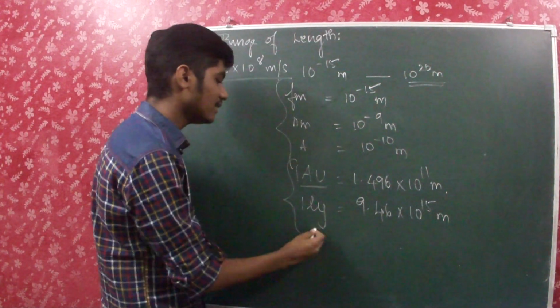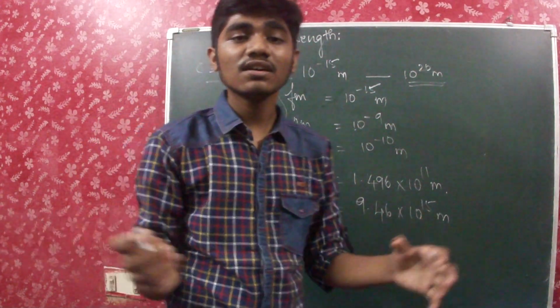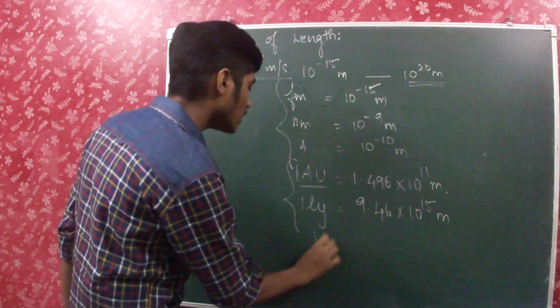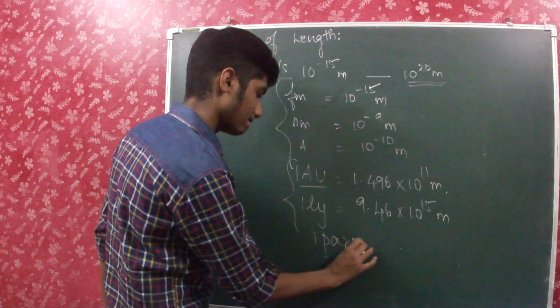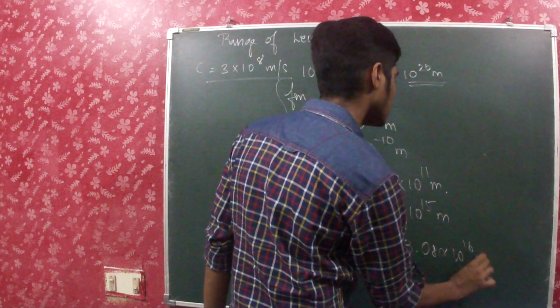So this is 1 light year. Okay, also these two are the units which are used to measure very large quantities, and also we have 1 parsec, which is 3.08 into 10 to the power 16 meter.